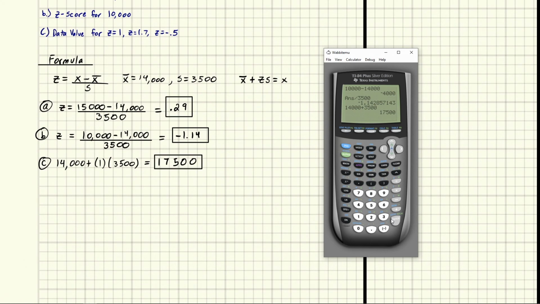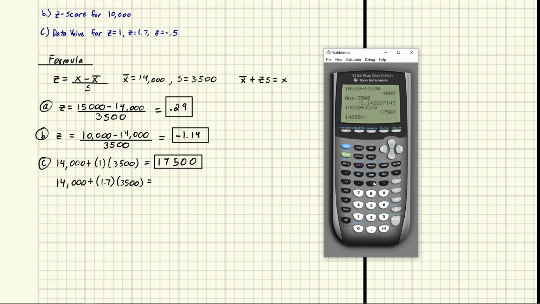All right, so this is for the first z-score. Then we have the same formula, right? The only thing that changes is the z-score. 14,000 plus 1.7 times 3,500. That's our next one. So let's go ahead and do that.